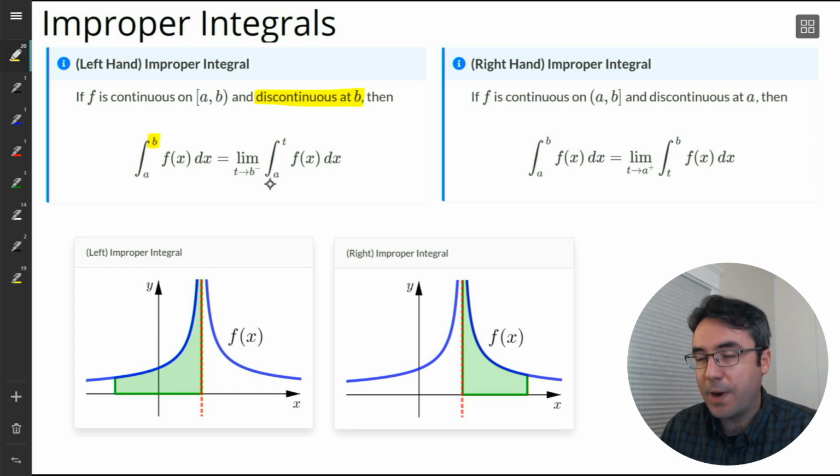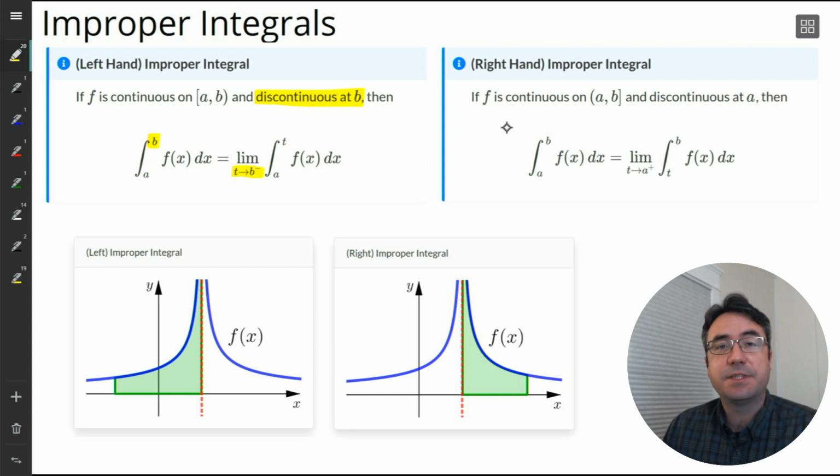So we're going to have just a regular definite integral here, the integral from a to t of f of x dx. And we're going to see what happens as that upper limit gets closer and closer to that discontinuity. And so the way to approach b in this case is from the left. So that's why we're using this left-hand limit notation.